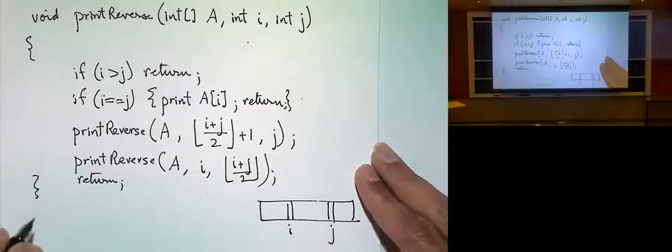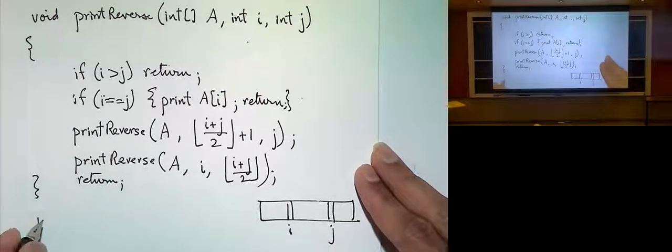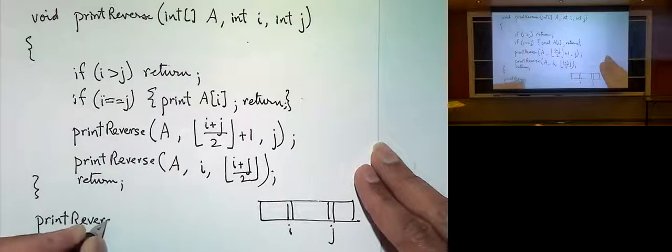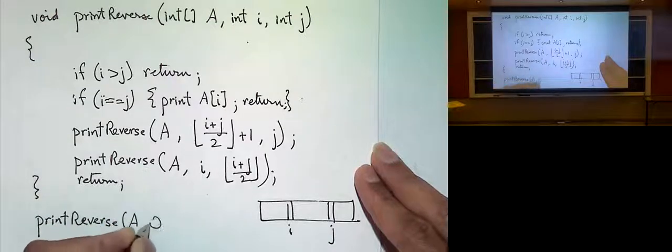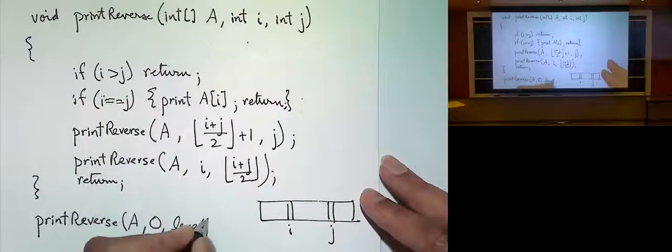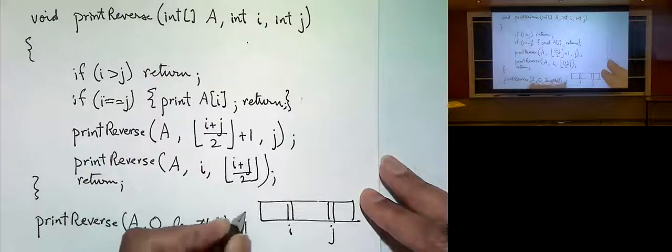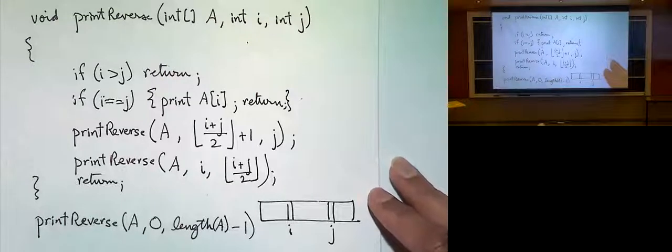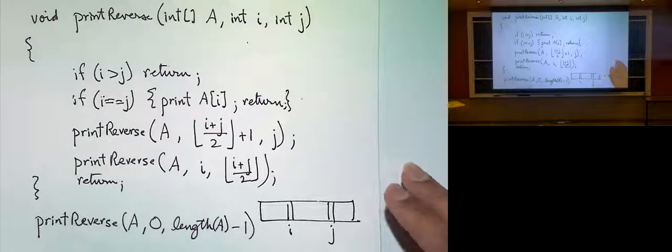And to print the entire array in reverse, print reverse a, 0, length of a minus 1. This would print the entire array in reverse.